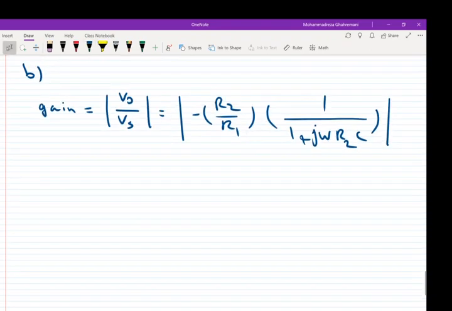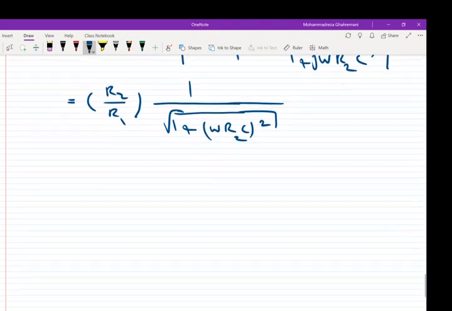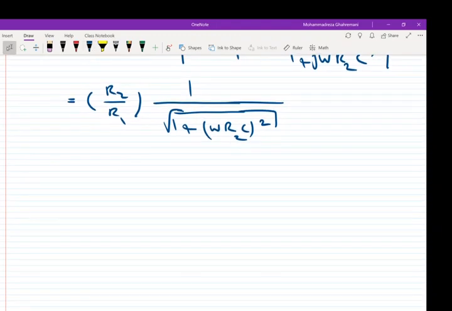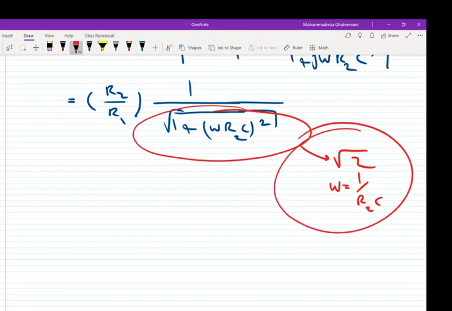Okay, it's equal to R2 over R1 times 1 over square root of 1 plus (omega R2C) squared. So, where is the cutoff frequency? The cutoff frequency is the frequency at which this term is equal to square root of 2. So, definitely at omega equal to 1 over R2C, we will have the square root of 2 in this equation.